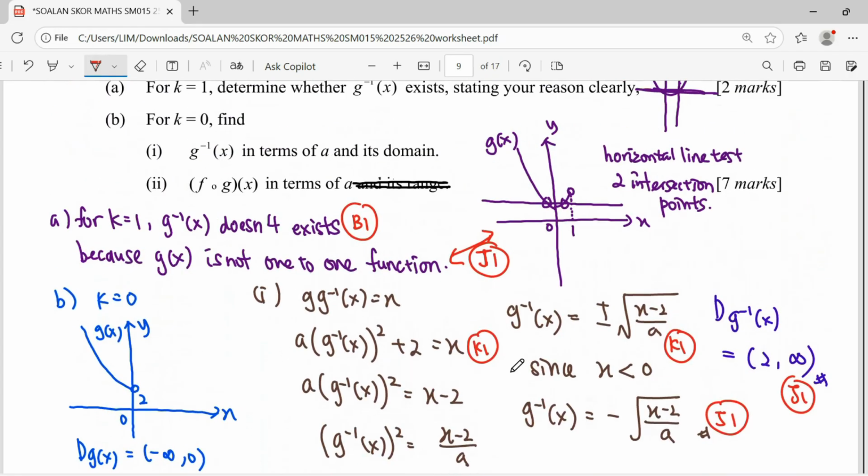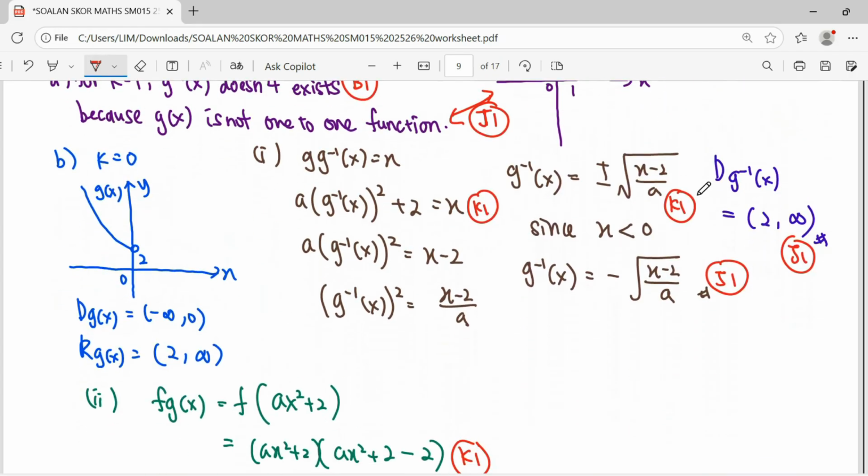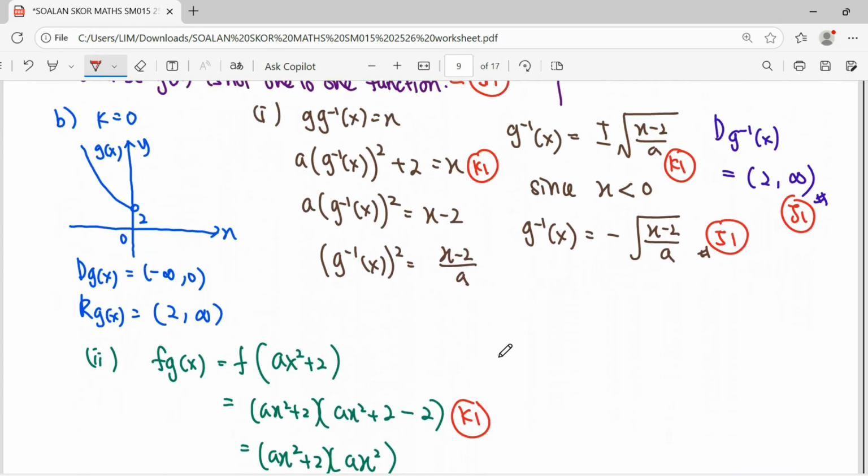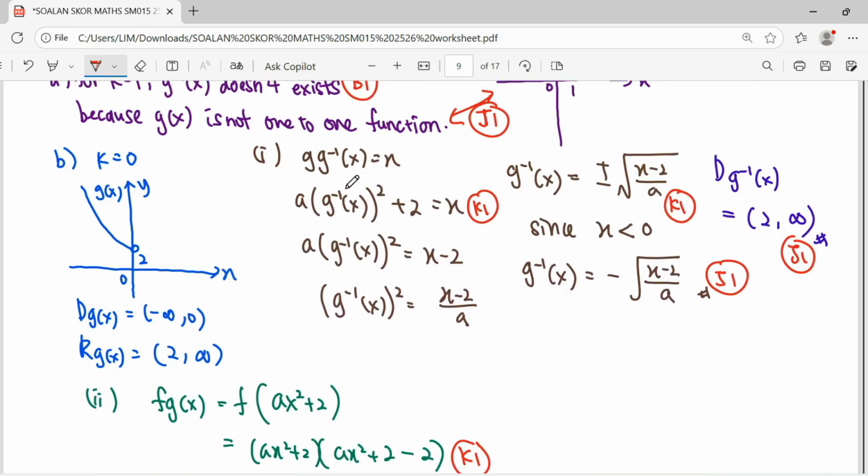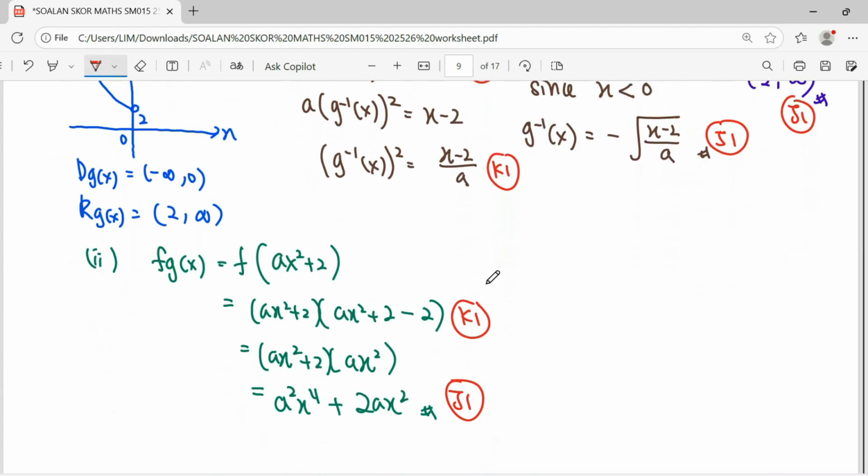So we adjust the marks here: 1, 2, 3, 4, 5, 6, 7. That's 7 marks. Alright, so that's all for this question.